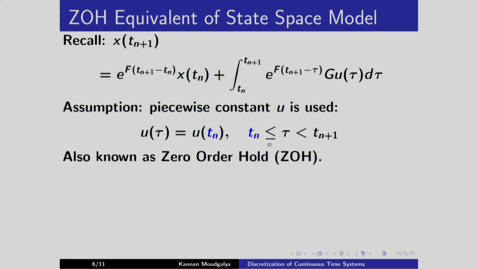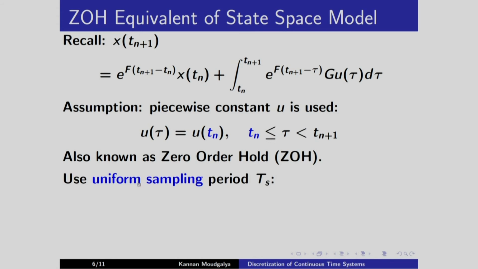And what value is chosen? The value of u taken at the initial time. Remember, Tn is the initial time. Whatever value u takes at time instant Tn, that is at the beginning of the interval, should be used throughout the interval.